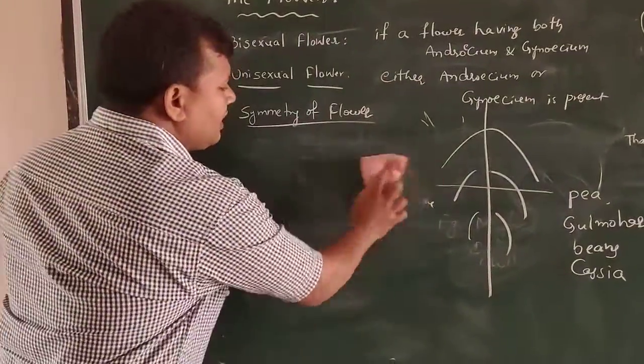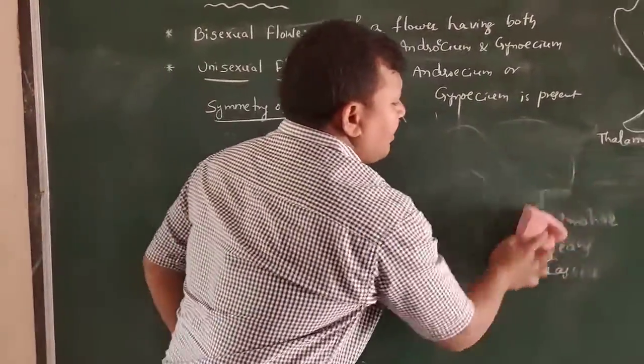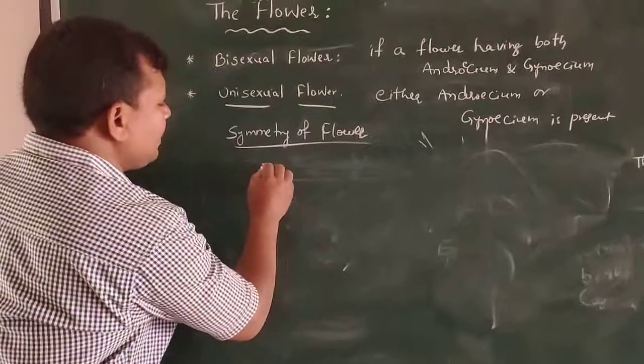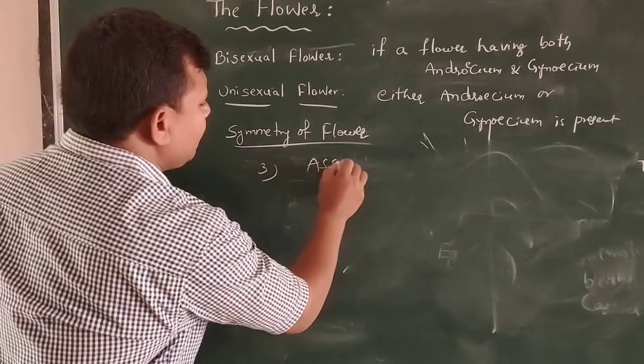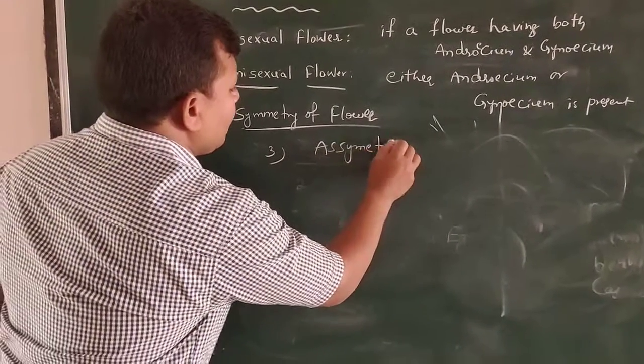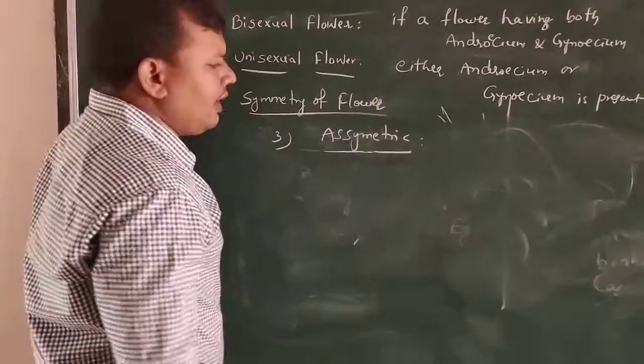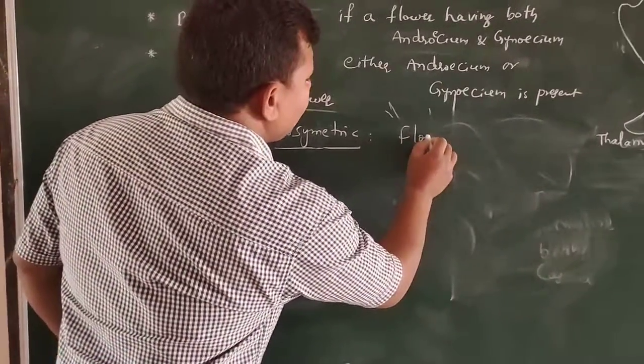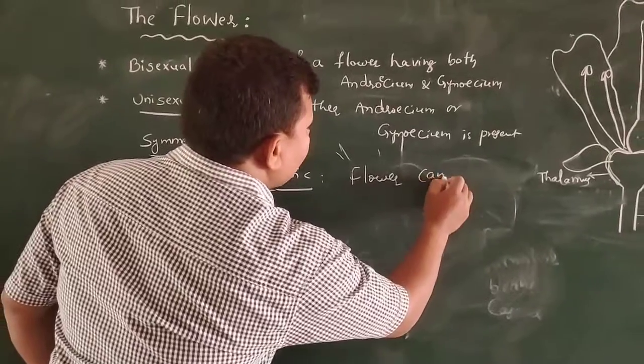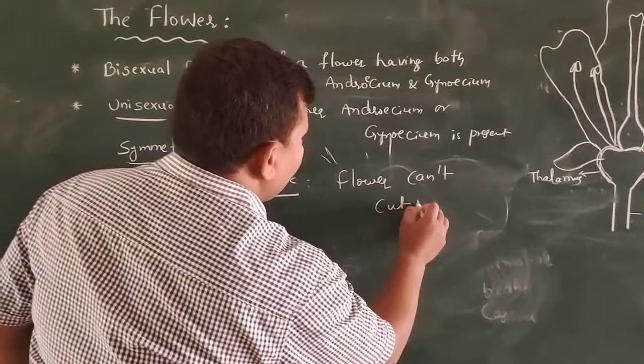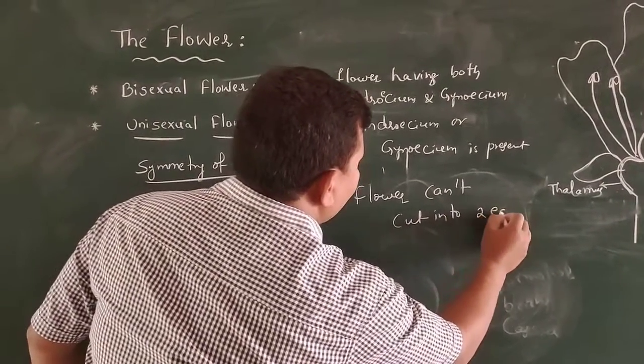And the last one is the asymmetric. So the third type is the asymmetric flower. In this, the flower cannot be cut into two equal halves.